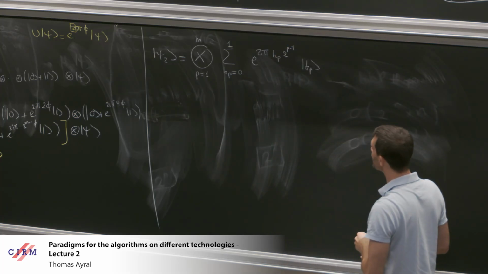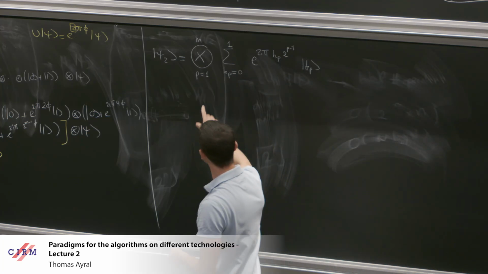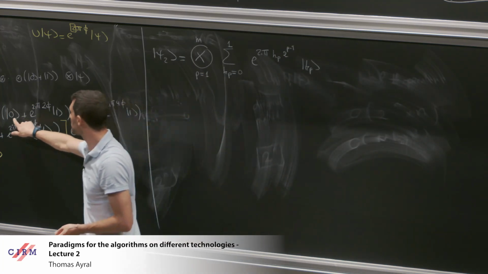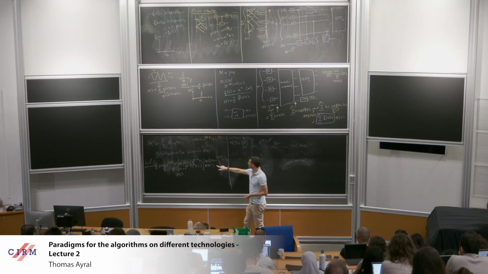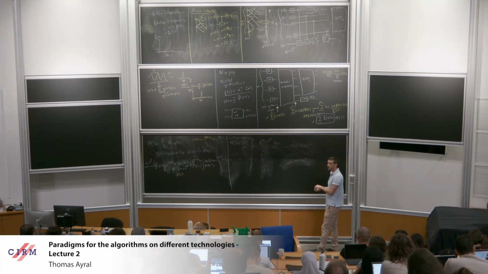Please help me and check that I wrote it correctly. I have a big tensor product on m terms, and each term is the sum of two components. The kp accounts for the 0 and also for the 1, and then I have 2 i pi kp 2 to the p minus 1 phi. So in principle, it should be correct.